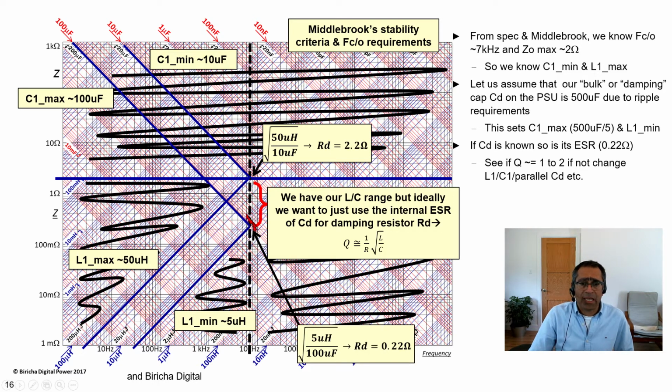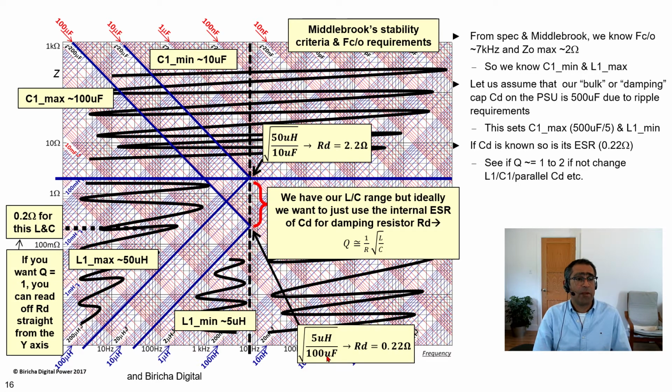If I use this value here, which is 5 microhenries and 100 microfarads, the damping resistor is 220 milliohms, which happens to be very close to what I have internally as the ESR of my capacitor. So if I use 5 microhenries for my L of my filter and 100 microfarads for my C of my filter, then I meet the criteria, plus I don't need a damping resistor. Okay? I can read off the impedance off from this axis to give me a Q of 1.